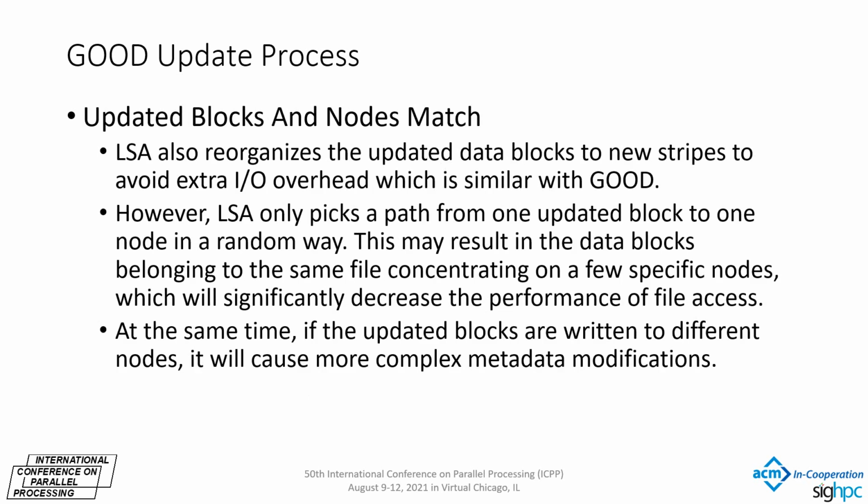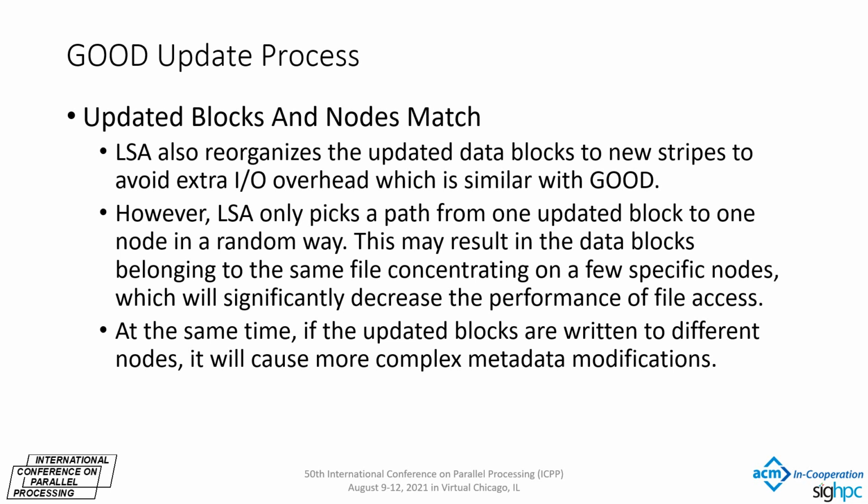The existing method, EPLog, also reorganizes the updated data blocks into new stripes to avoid extra I/O overhead, which is similar to GOOD. However, it only picks a path from one updated block to one node in a random way.